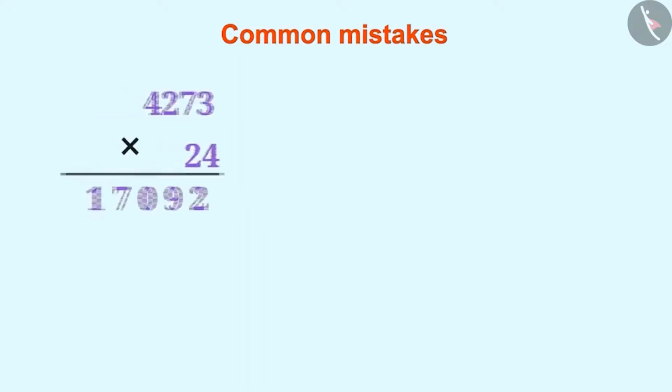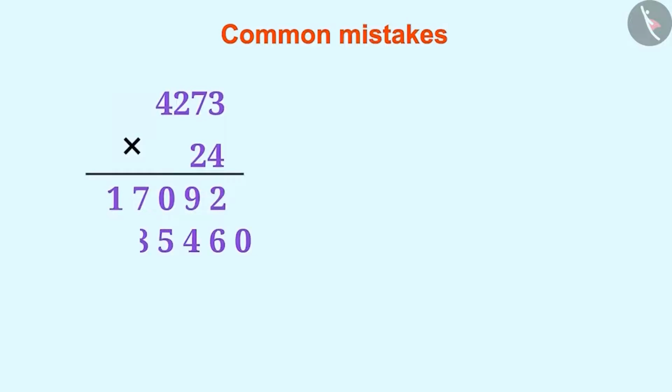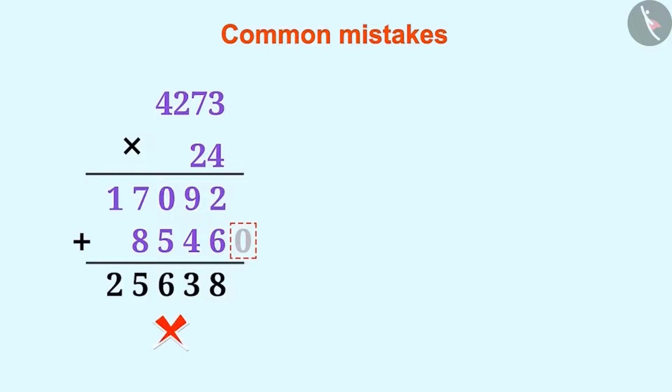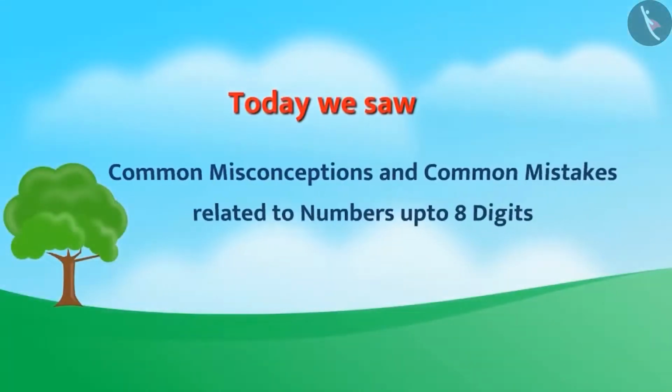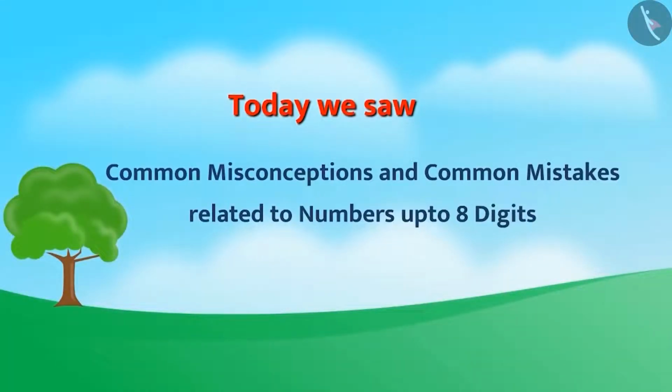While multiplying two numbers, the zeros used for the place values are ignored. Such mistakes arise due to lack of understanding of the place values. In this video, today we saw common misconceptions and common mistakes related to numbers up to 8 digits.